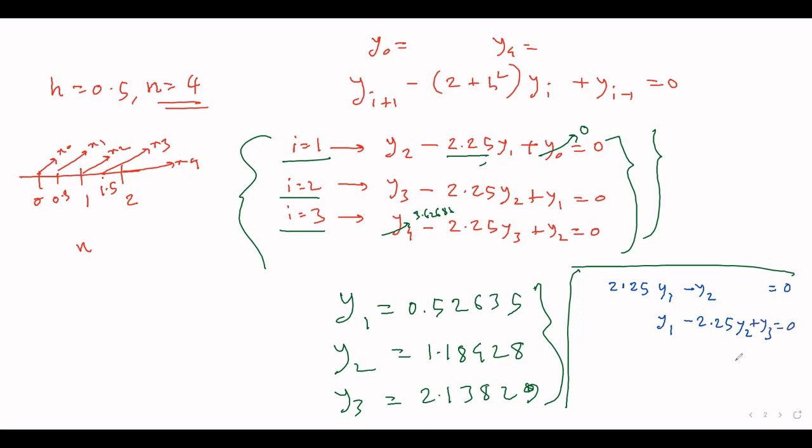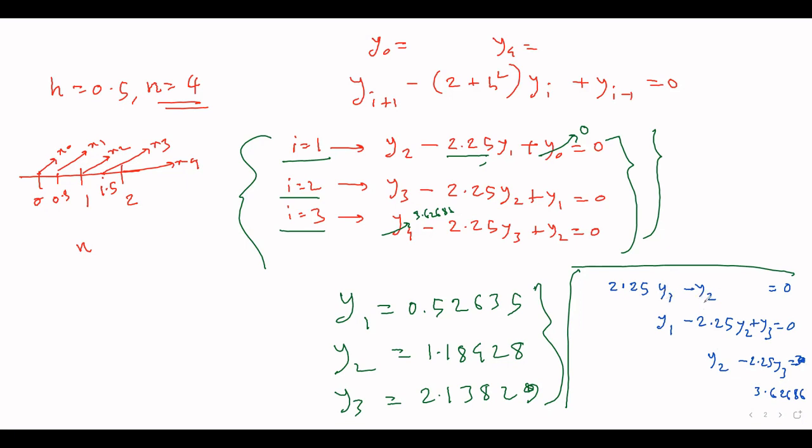And the final equation is y2 minus 2.25 y3 equals that weird number, let's write the number below this line, 3.62686. So you can see that the system has a pattern, right?